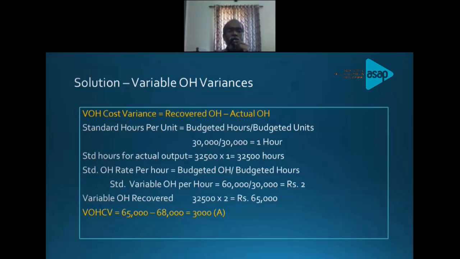And standard overhead rate per hour. We have to calculate the standard overhead rate per hour. It is calculated by applying the equation budgeted overhead divided by budgeted hours.